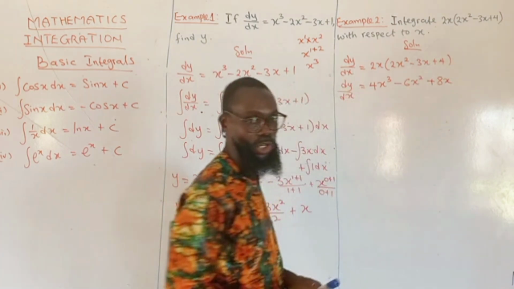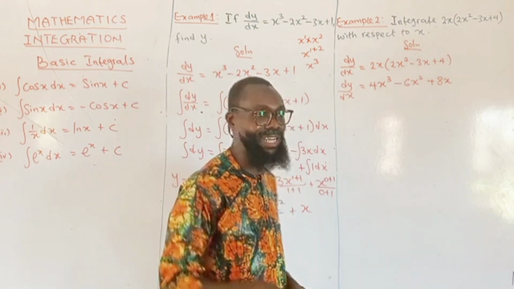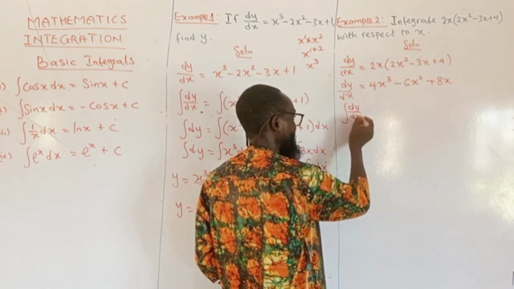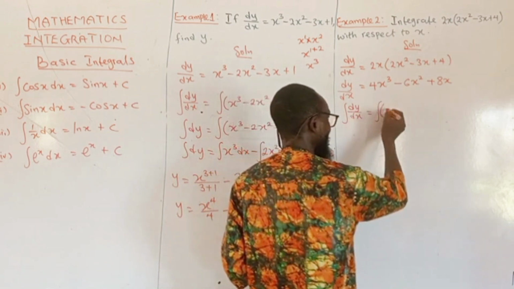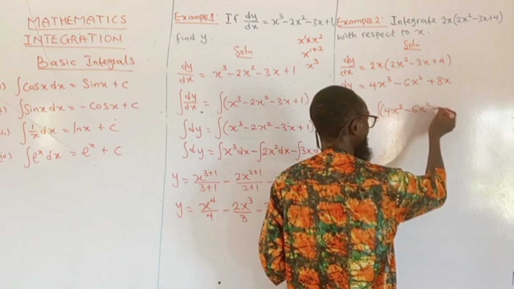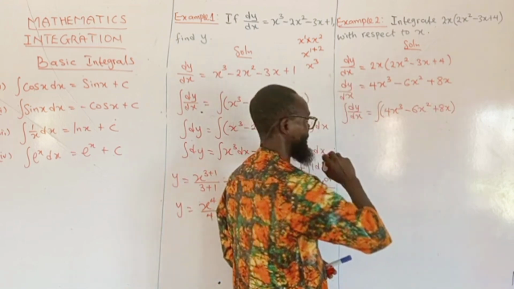The next step is to introduce our integral sign. Integral dy/dx equals integral, brackets, 4x cubed minus 6x squared plus 8x, close the brackets.